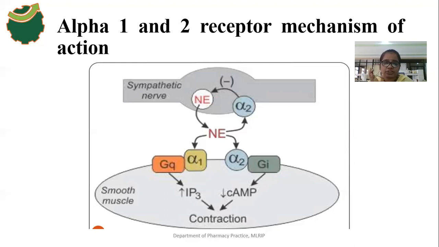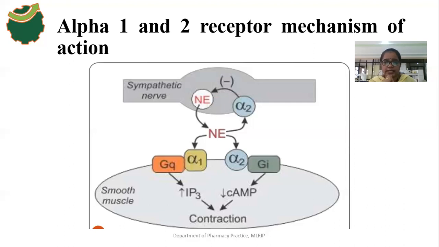By the inhibition of this enzyme, there is a decrease in the formation of cyclic AMP. Cyclic AMP is a secondary messenger. So when cyclic AMP production decreases in smooth muscles, a contraction effect will be produced.